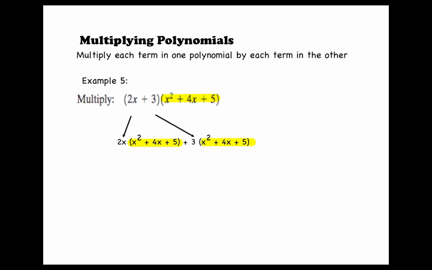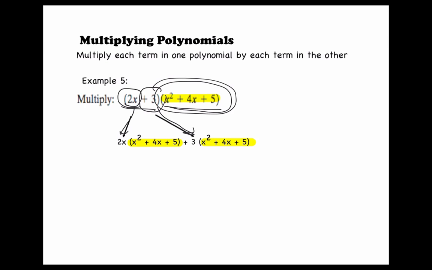All right, and then the last kind of phase of this would be if you're going to multiply polynomials. And really, if you're going to multiply polynomials, we just kind of do a version of that double distributing. So in this particular case, we have a binomial times a trinomial. And what we're going to do is take the 2x and write it separately, and that plus 3 and write it separately.